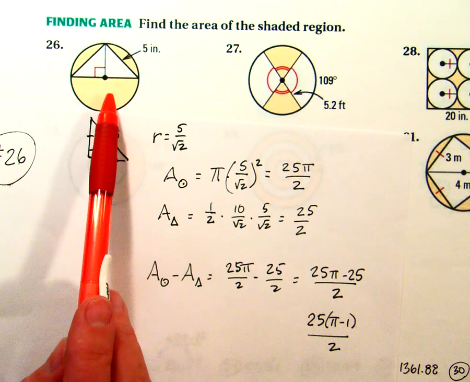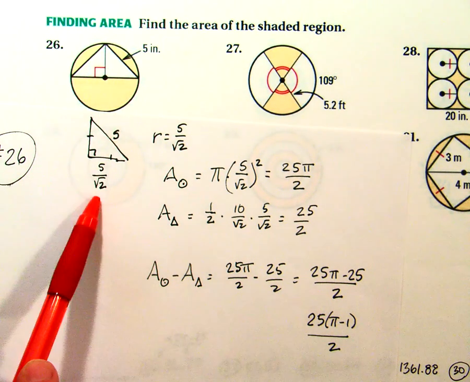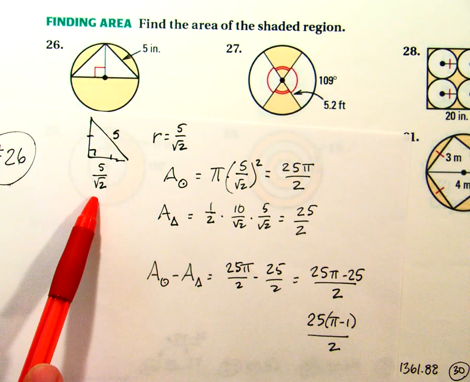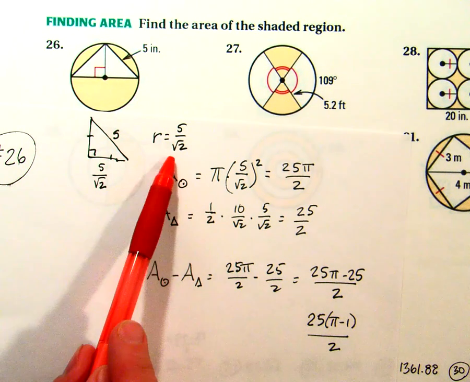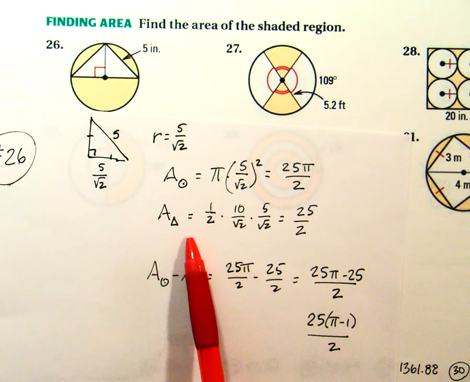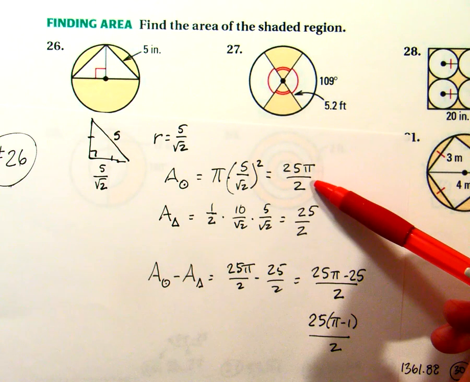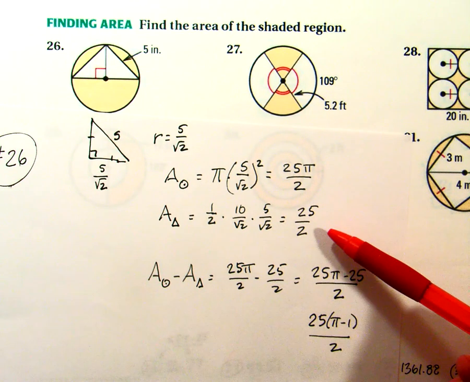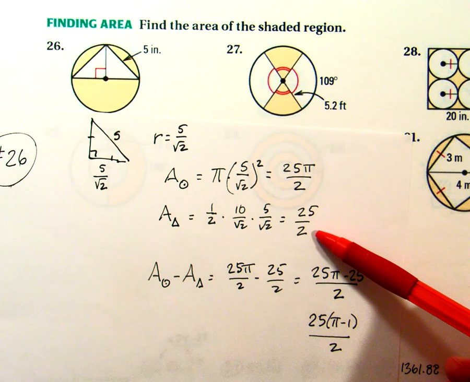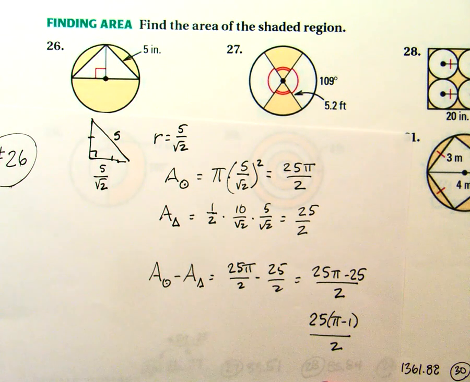It's an isosceles right triangle because the two legs are radii. So we can use our handy-dandy shortcuts and find out that the radius is 5 over the square root of 2. Having done that, we can find the area of the circle by squaring it, multiplying it by pi. Keep it in terms of pi, it's usually easier. And here's the area of the triangle, because we now have the base and the height, and we need 2 of them. We figure it out here, and here's where we subtract.